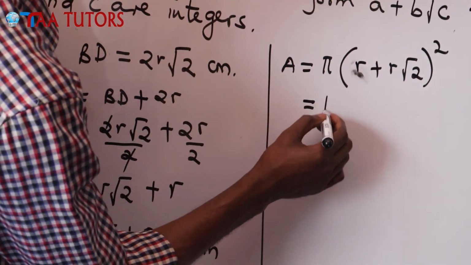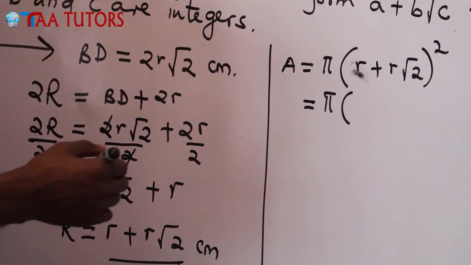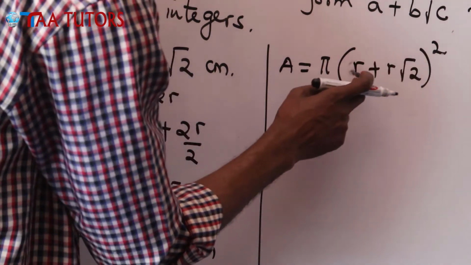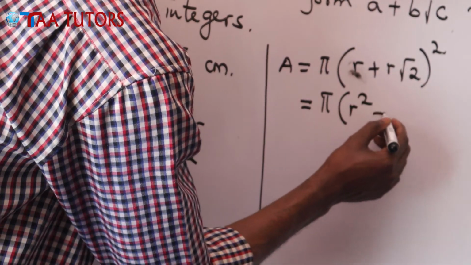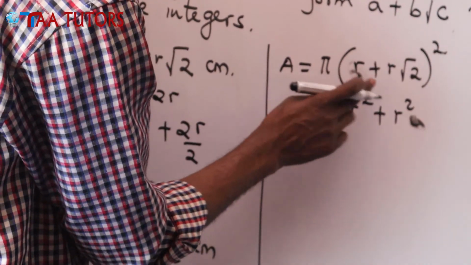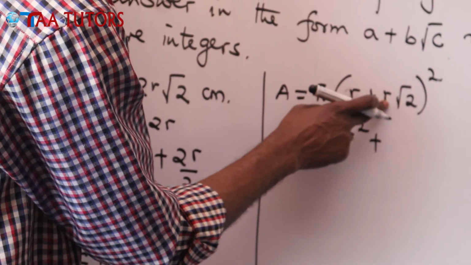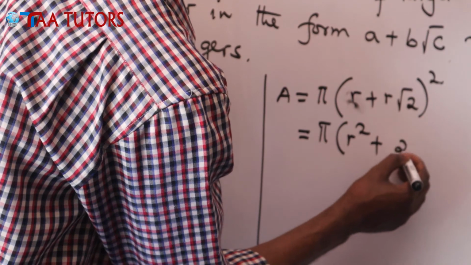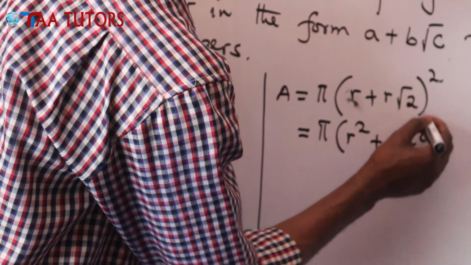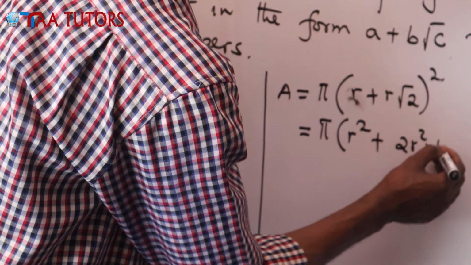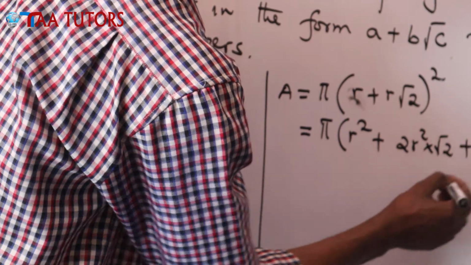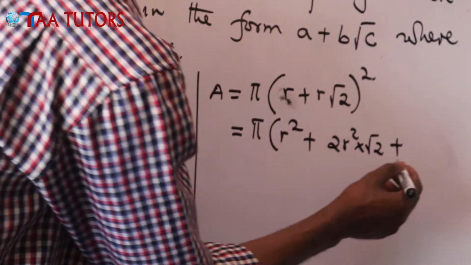I want to open this bracket using the short method, which is r squared plus 2 times r times r surd 2, which is 2r squared surd 2, plus this one squared, which is 2r squared.